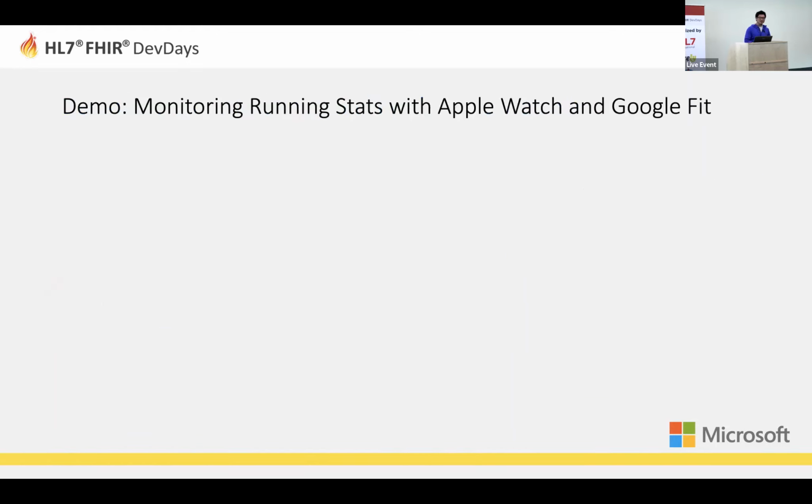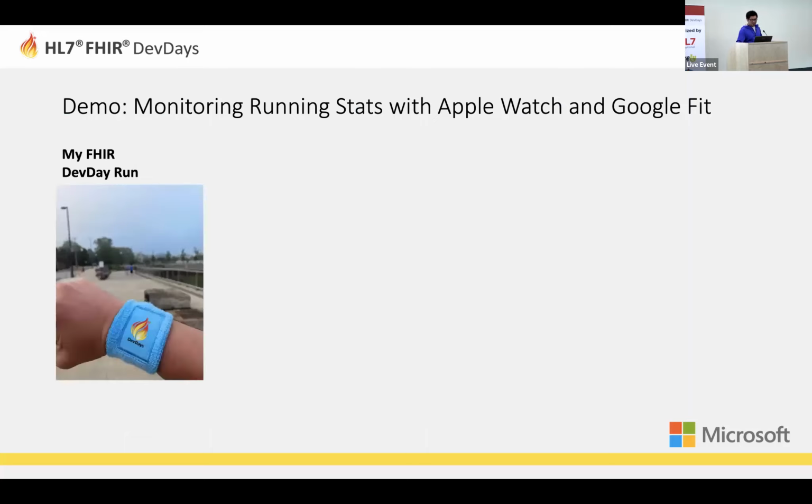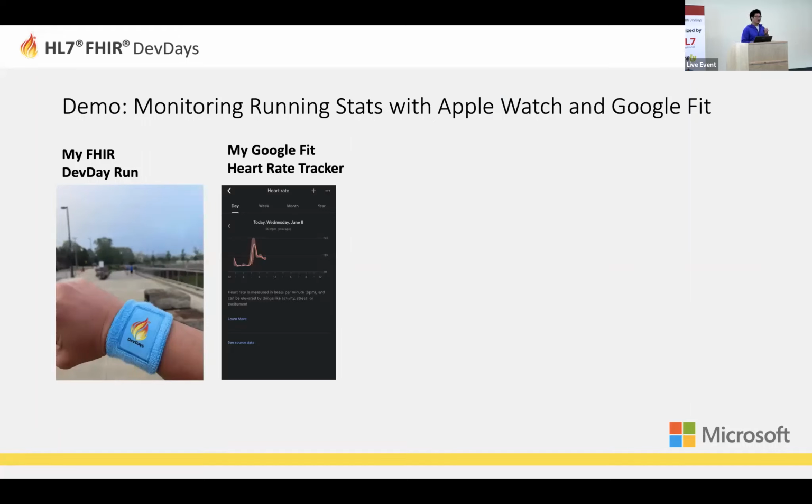Okay, so for this demo, I'm going to tell you how we can monitor running stats with the Apple Watch. Of course, we're inclusive, so we're also going to test with the Google Fit application and platform. Not lying to you guys, but this morning I took a DevDays run. Yay! And I was wearing my Apple Watch, so I got all the heart rate.